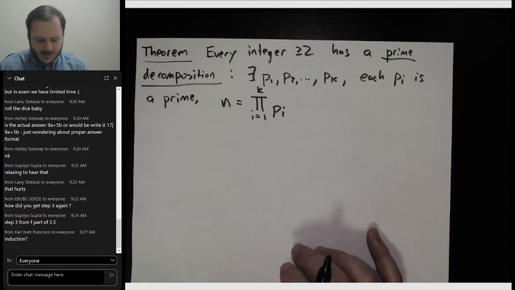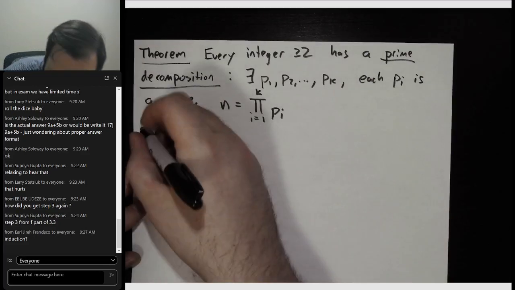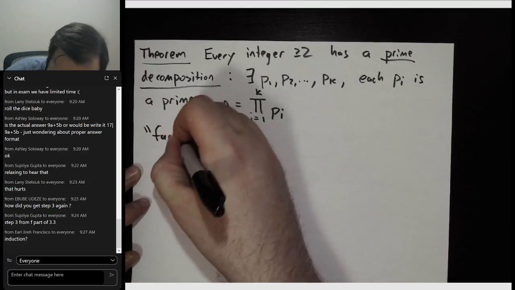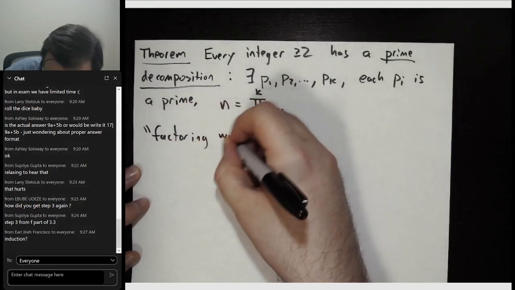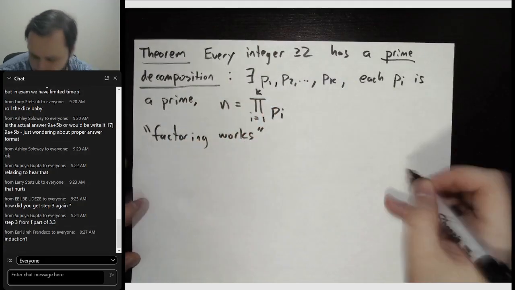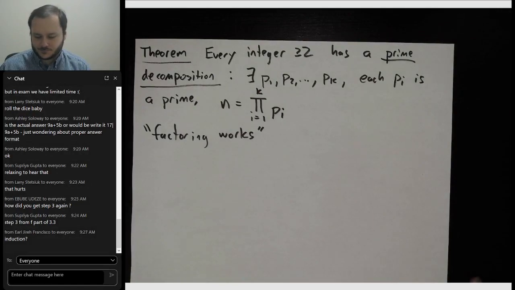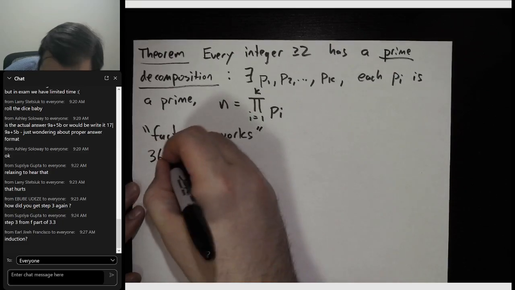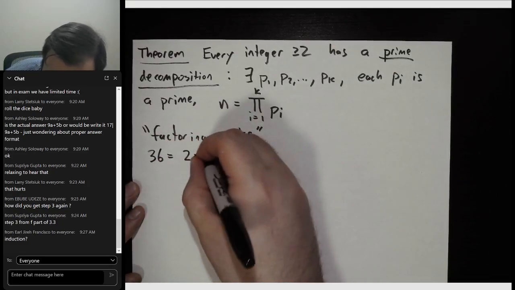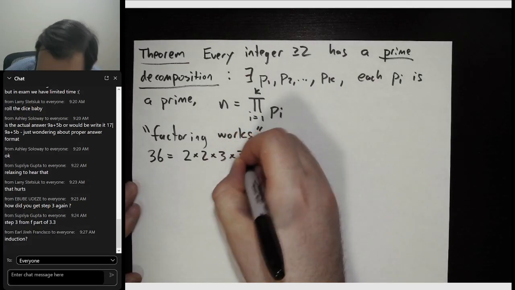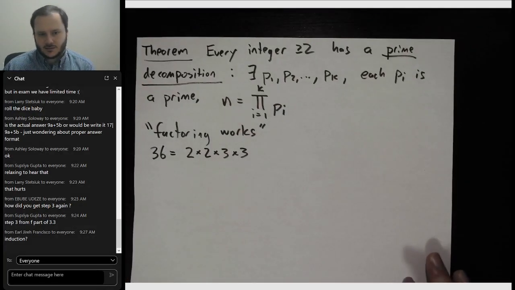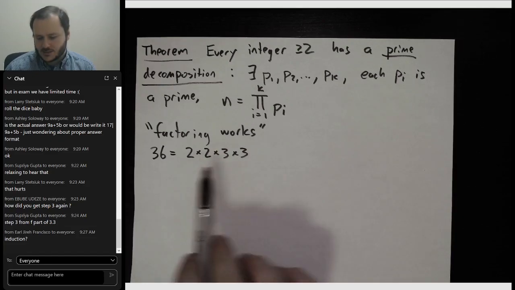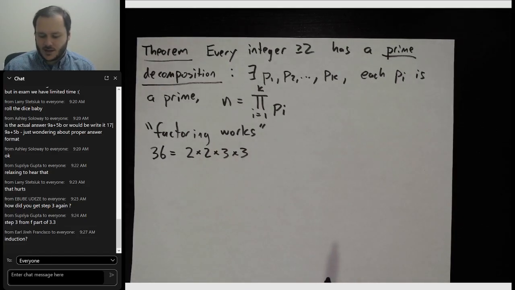Another way of saying this is factoring works. So if we have something like 36, 36 is equal to 2 times 2 times 3 times 3. Right? That is a product of primes. You can always keep breaking down your number until it's all primes.